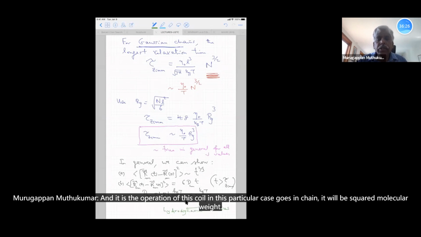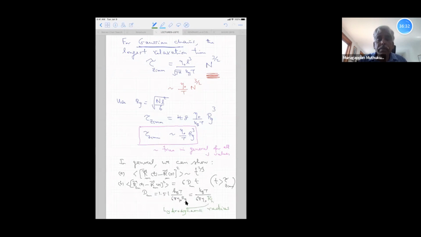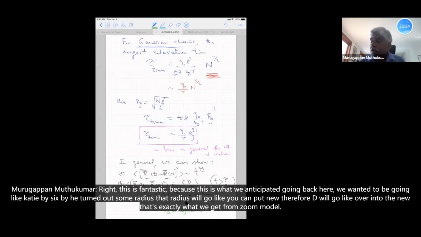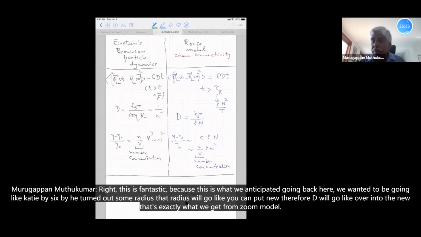And the radius of gyration of this coil, in this particular case a Gaussian chain, will go like the square root of molecular weight. Right? This is fantastic because this is what we anticipated. Going back here, we wanted D going like kT by 6 pi eta naught times some radius. That radius will go like n to the power nu. Therefore, D will go like 1 over n to the nu.